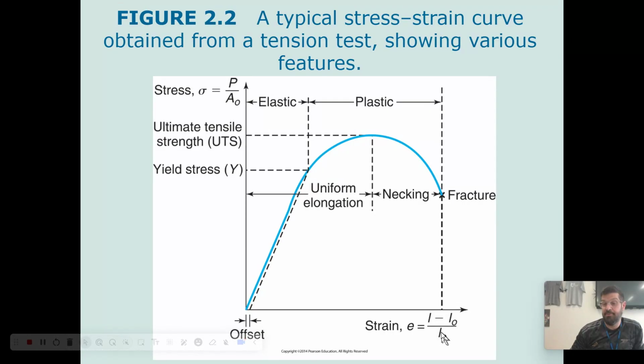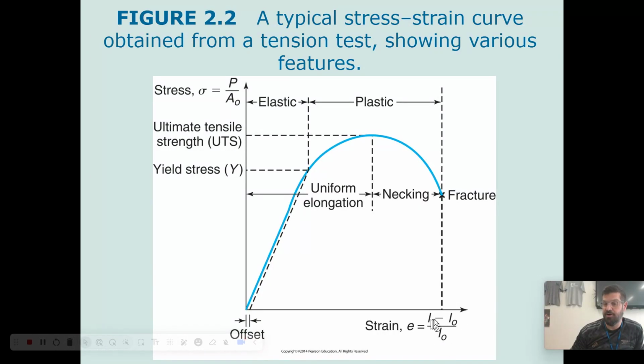So, for example, say the original length of the rod was 10 millimeters, L naught, and say you pull on it and it stretches until it is a length of 12 instead of 10. It's gotten 2 millimeters longer, right? If you were trying to measure strain at that point, we would take 12, which is the current length, minus 10, and then divide it by 10.